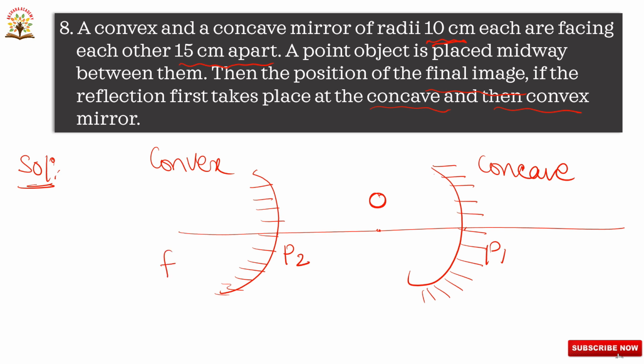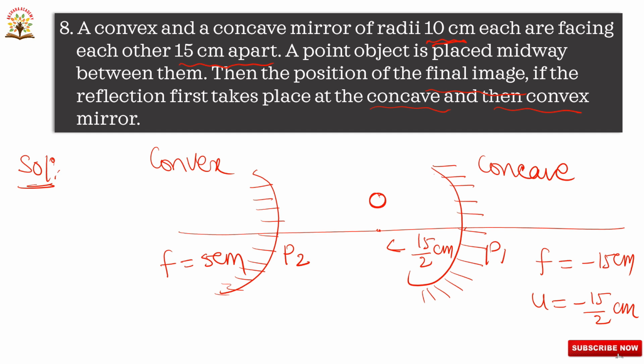Here the focal length they given as 5 centimeters, and from here to here the object distance is 15 by 2 centimeters. So f is equal to minus 5 centimeters and u is equal to minus 15 by 2 centimeters.